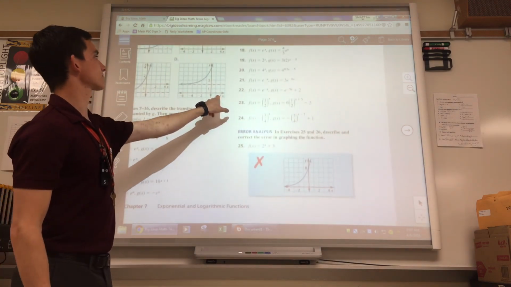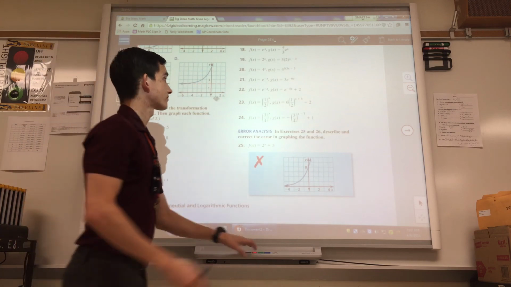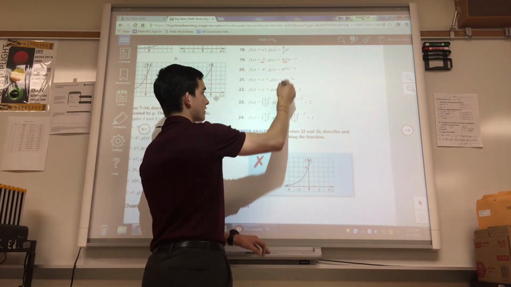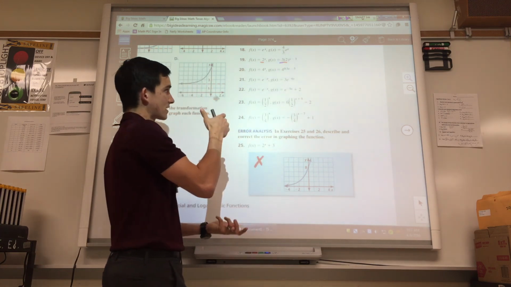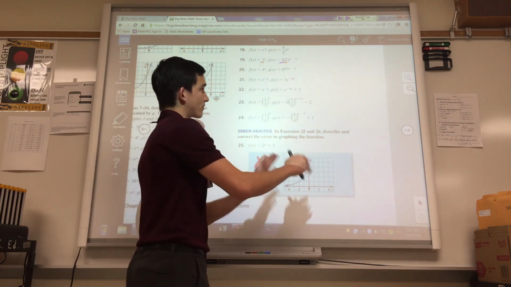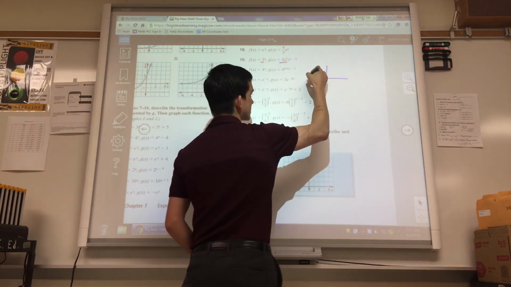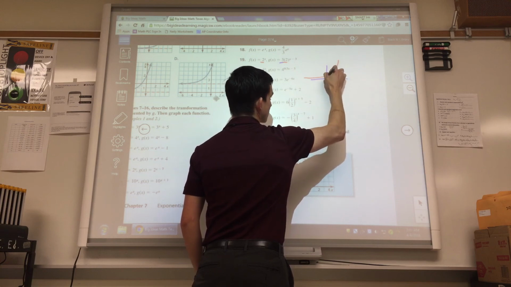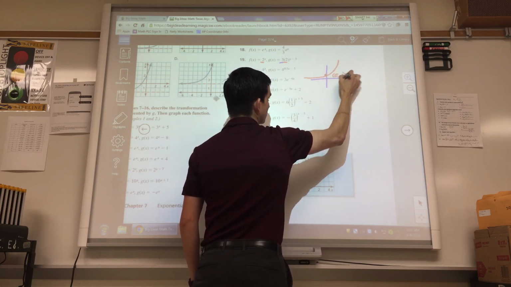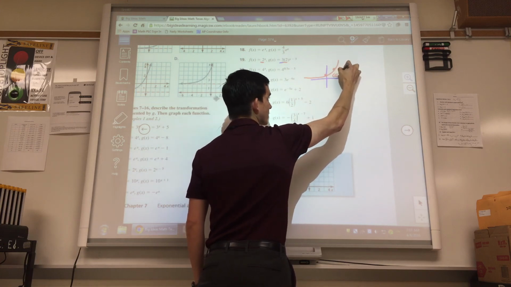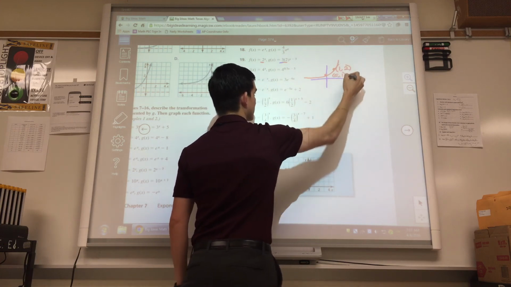Okay, this one, notice it's base 2, so that means this 3 out front is a stretch factor, stretched by a factor of 3, and it's also shifted right 3. So my original graph would look something like this, and it would go through the point 0, 1, and because it's base 2, it would also go through the point 1, 2, just to get some specifics on there.